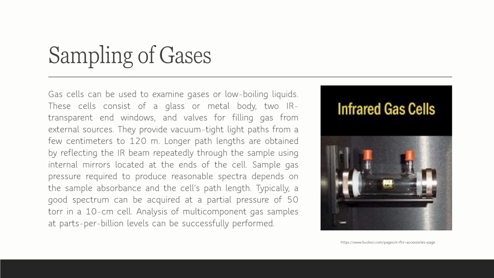The pressure of the gas should be 50 torr in a 10 centimeter cell. The path length is basically increased to obtain a satisfactory spectra.